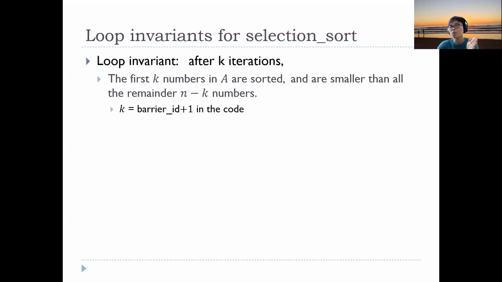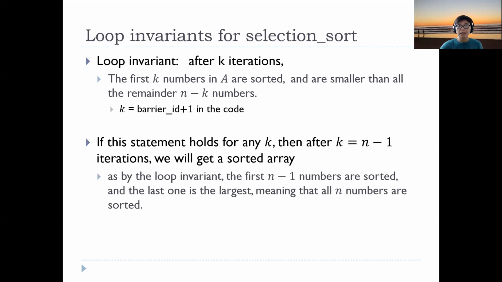At any moment, it solves a partial problem, and your loop invariant is trying to articulate what partial problem it's solving. What you want to argue is that as the iteration increases, the problem gets bigger and bigger, and in the end, you solve the complete problem. In this particular case, we keep finding the k smallest numbers and putting them in the beginning. That's the partial problem we're solving.